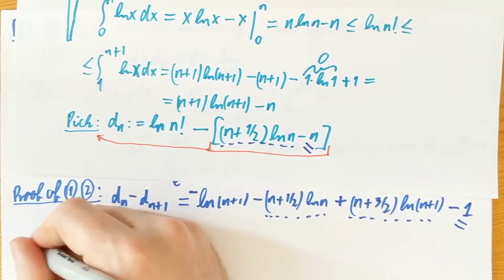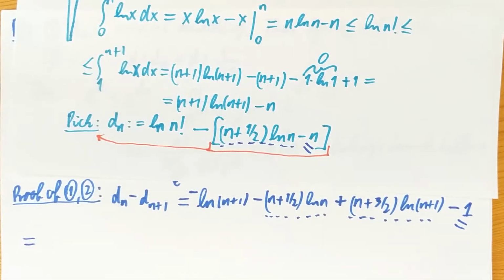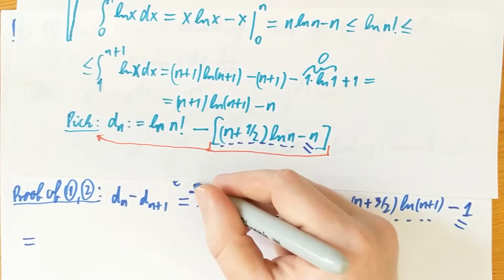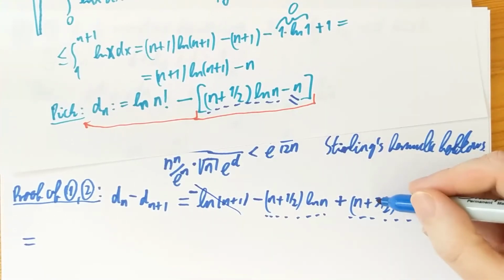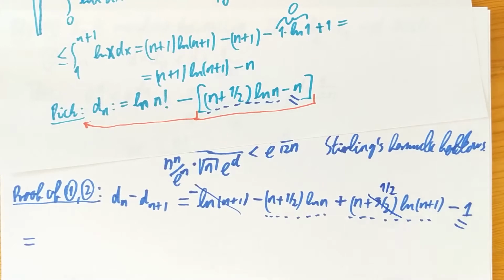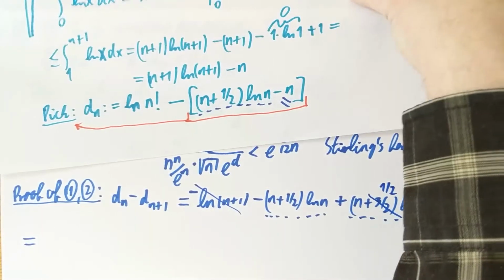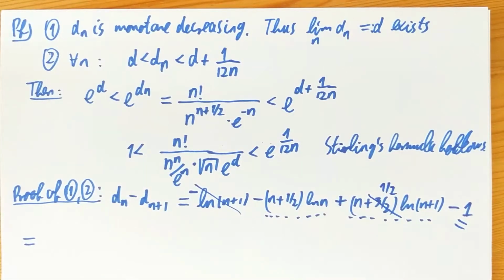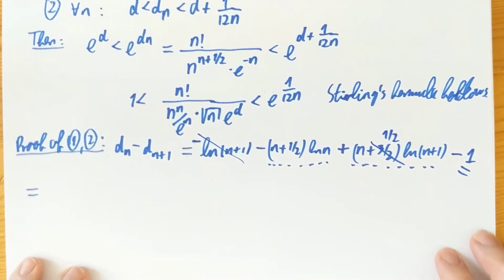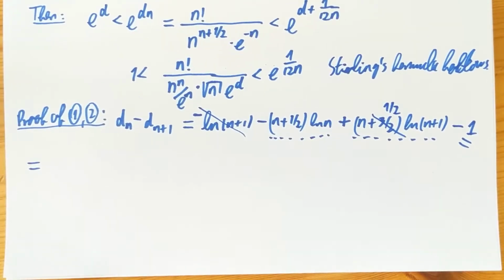Alright. The next step is to cancel out the log of n plus 1 with one of these logs of n plus 1. So this thing cancels out with one of those and leaves me with 1/2 of that only. And that's nice because that will mean that I can factor out an n plus 1/2.